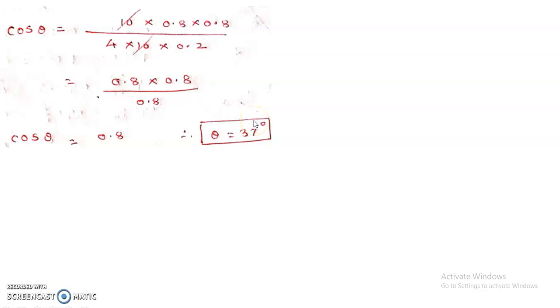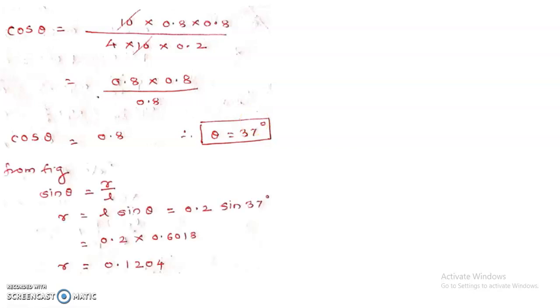So we get theta. Now we have to find r also. From the figure, you know that sin theta is equal to opposite side upon hypotenuse. Opposite side is r and hypotenuse is L, so r by L. So r is equal to L sin theta. Theta is 37, L is 0.2, so 0.2 into sin 37.